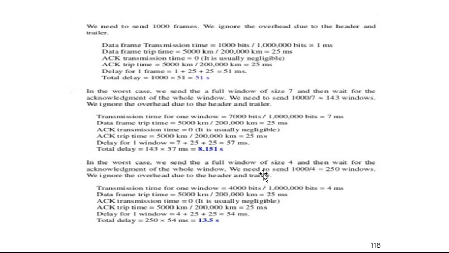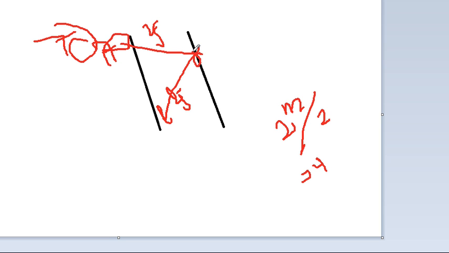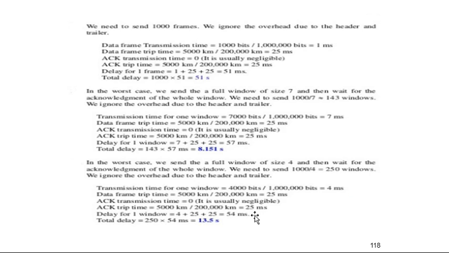So size is 4000 bits by this. So 4 millisecond is the transmission time. Frame trip time would be 25 millisecond. Again, acknowledgement transmission time is 0. Now 25 is there. So total would be 4 plus 25 plus 25. That's it.